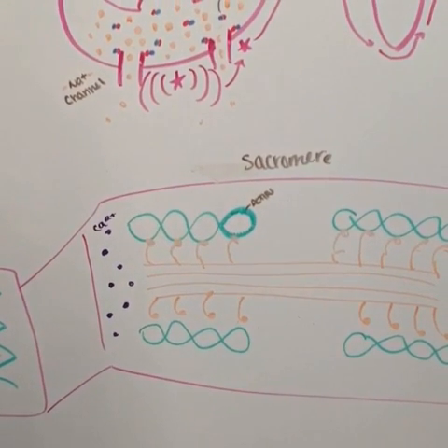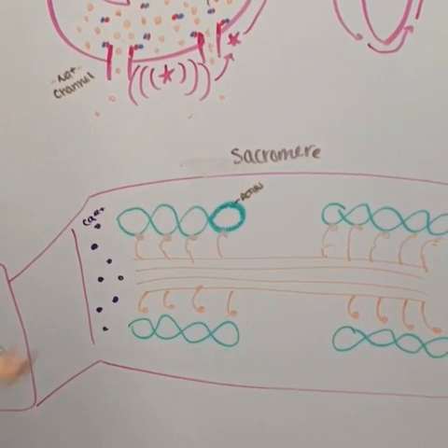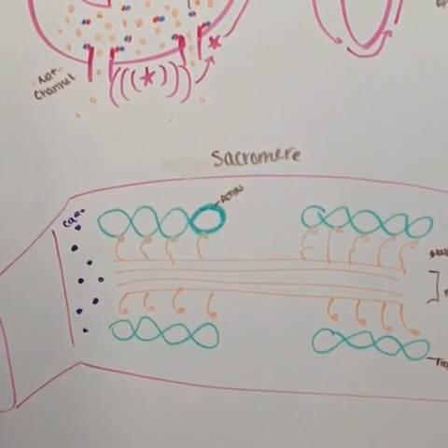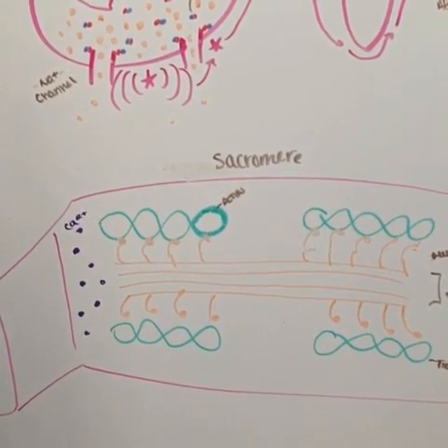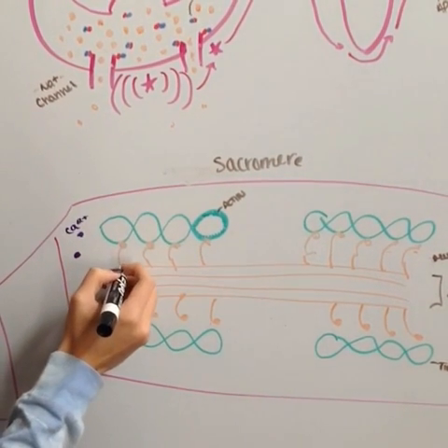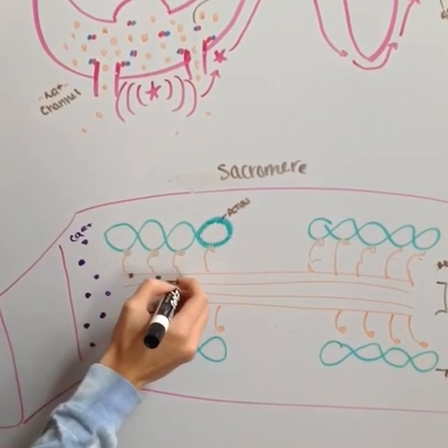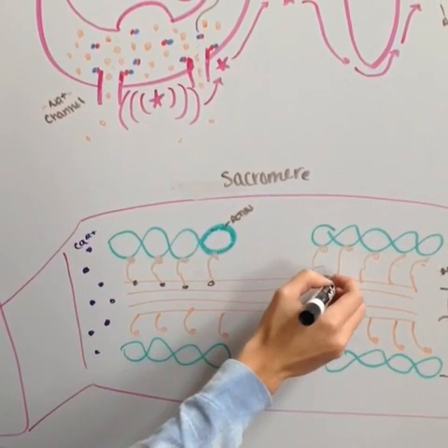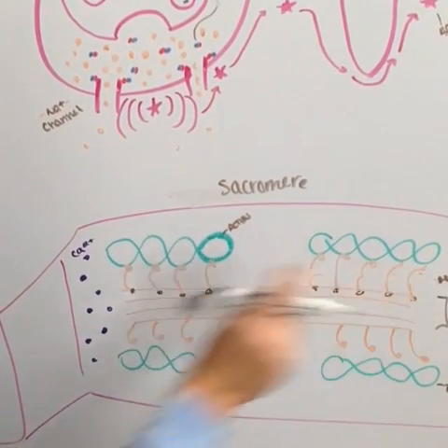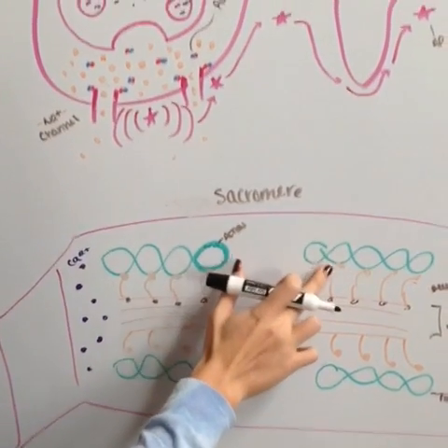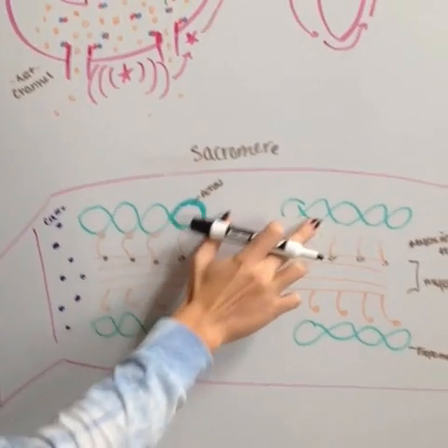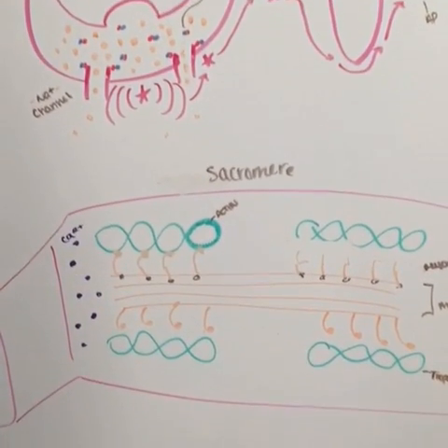And that's called the power stroke, and that's how a muscle basically contracts. And then ATP will come in, and that's the cell energy, and it'll attach to the myosin. And then this will cause them to detach and then reattach again over here.